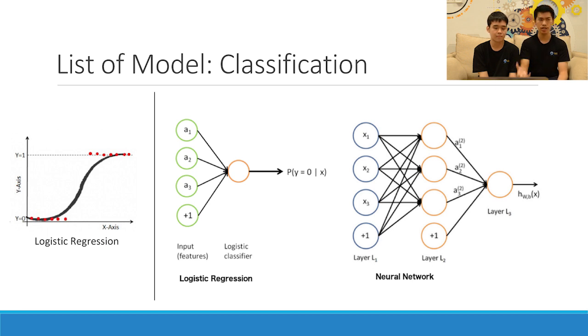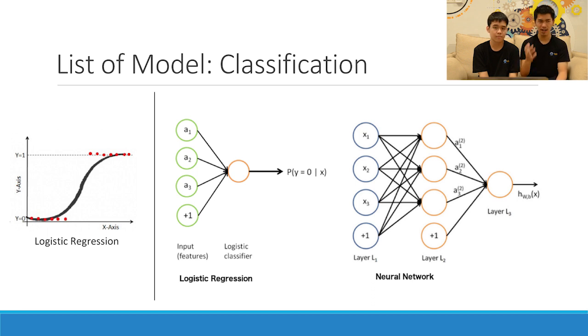Let's say it's obese: if y equals 1, then the person is obese. If y is equal to 0, then the person is not obese. In the labeled data sets, all of them are labeled such that the probability is either 0 or 1. It cannot be 0.4 or 0.5, because there is no such thing as both obese and not obese at the same time. So how do we make such a regression?